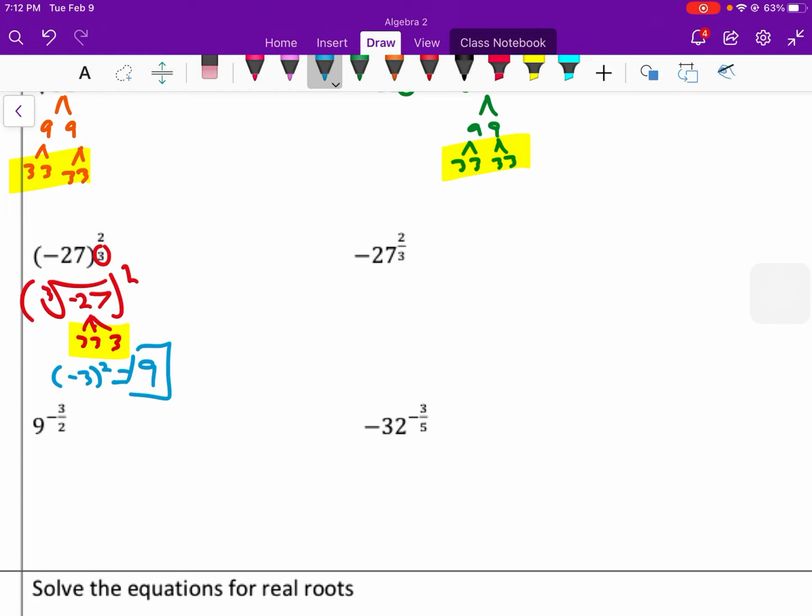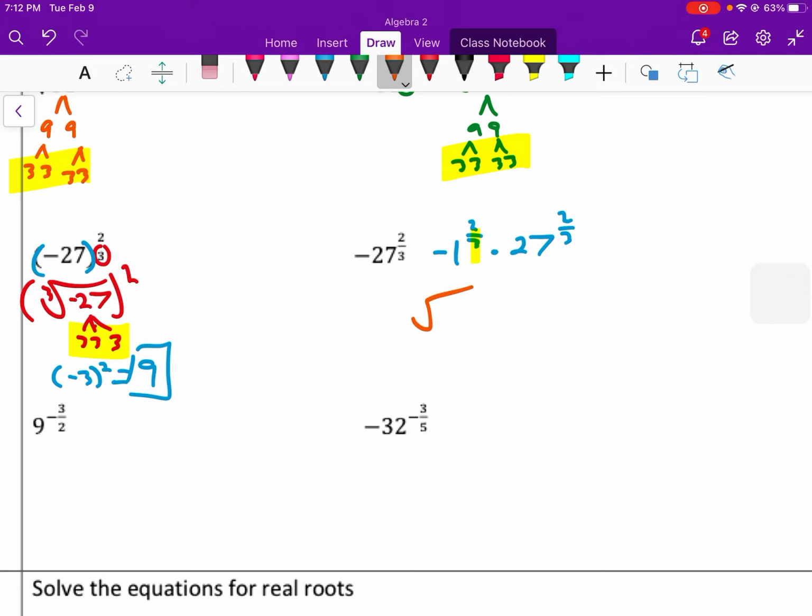So now, on the different case here where we don't have the parentheses around, this would be rewritten as negative 1 to the 2/3 power times 27 to the 2/3 power. So our answer is going to be different. So let's start.